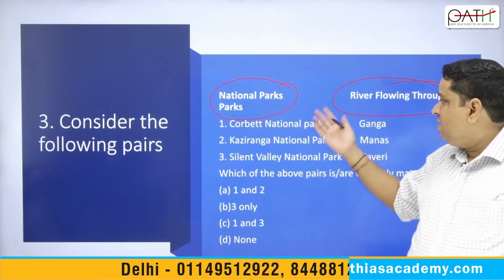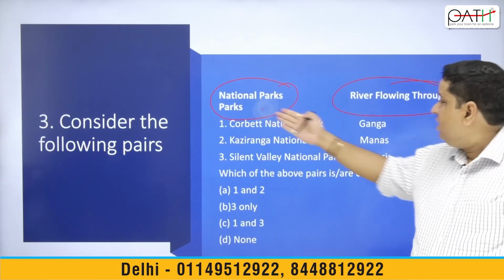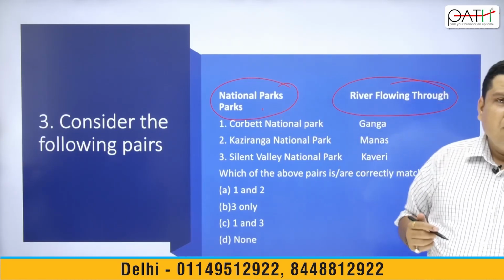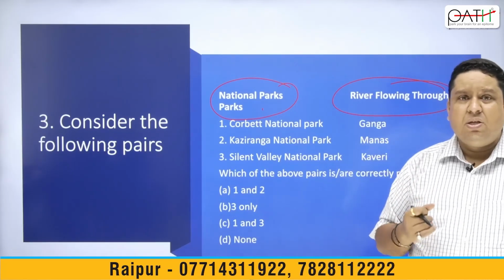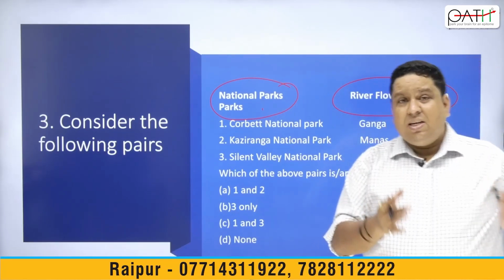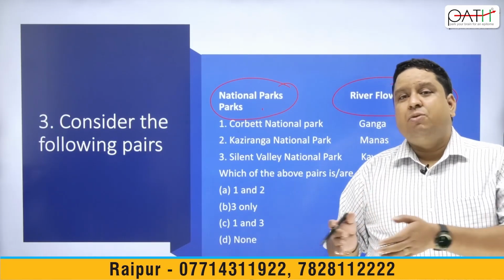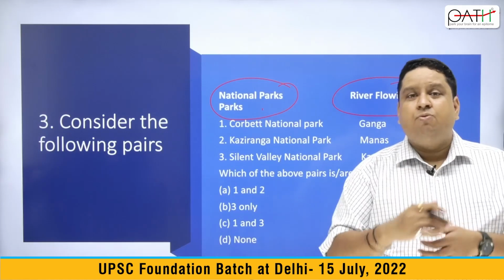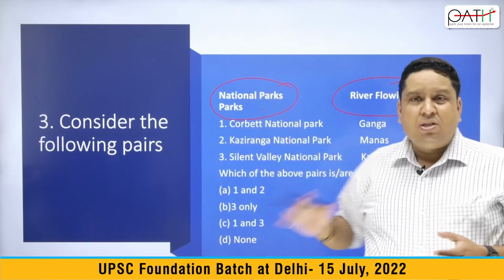they can give it like this: in 2013 they gave national parks on one side, and on the other side they gave river flowing through. When we see the subsequent analysis of subsequent years of question papers, you will see that on one side they have given the name of a famous place, and on the other side the name of a river. So this is how they have evolved continuously, and lots of dynamism is involved in this particular section.